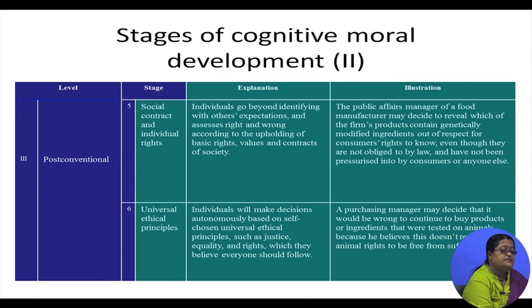In the post-conventional phase, which is phase 5, we call this social contract and individual rights. There they go beyond identifying with others' expectations and assess right and wrong in terms of upholding the basic rights, values and contracts of the society.